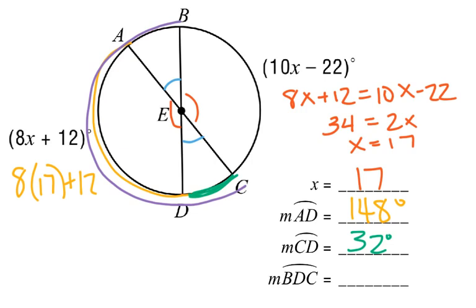So I know that this one is 32. So I should also know that this one is 32 because they're vertical angles, so the arcs are going to be similar. And then I'm just going to add all 3 of those together. So I got 32 plus 148. So I got that purple arc is 212 degrees.